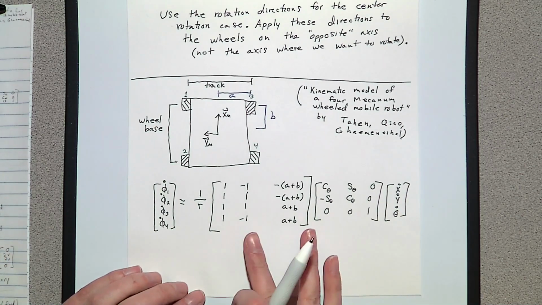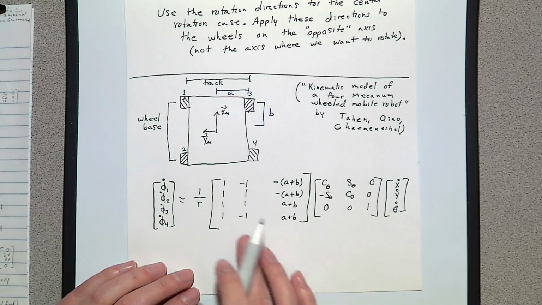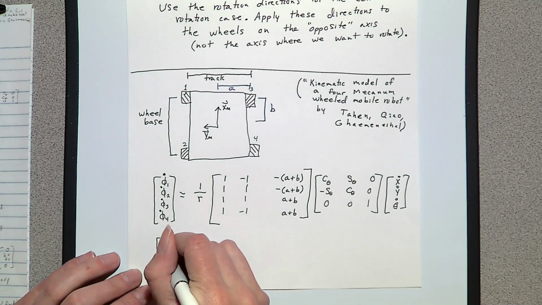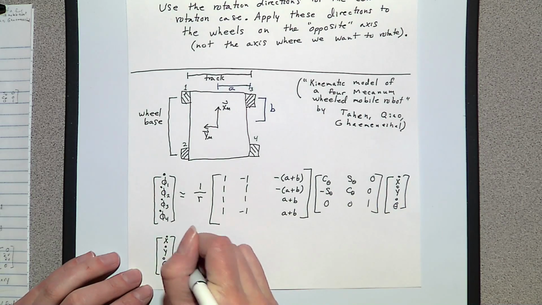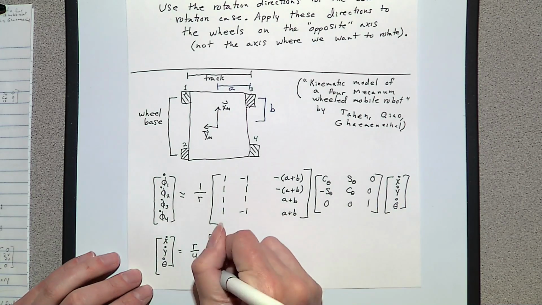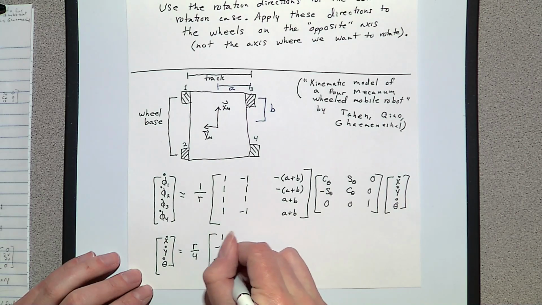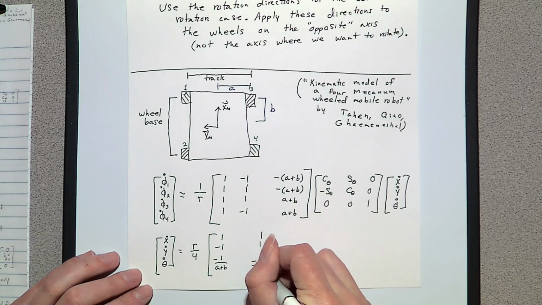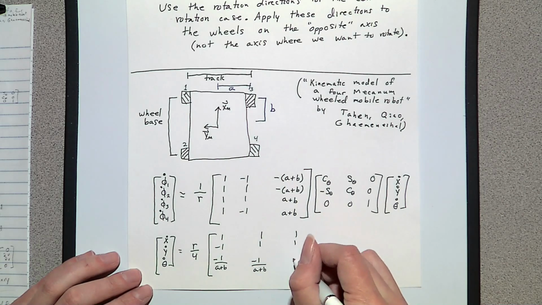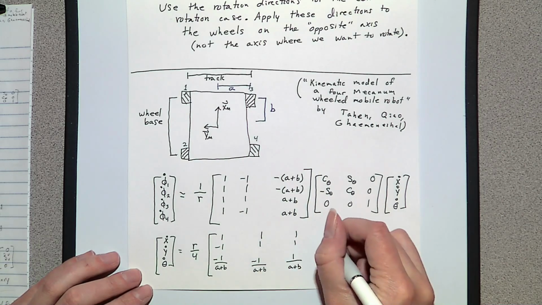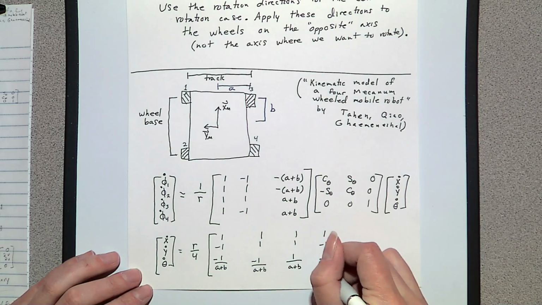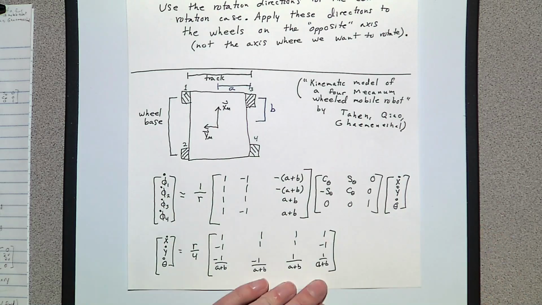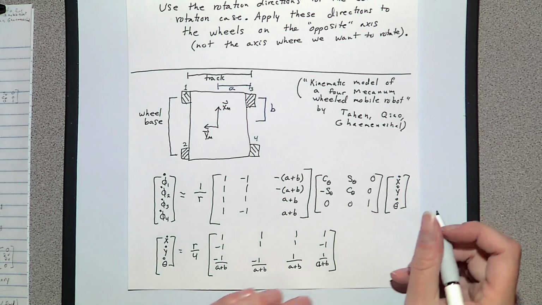And then you can invert this using a pseudo inverse, because this is a non-square matrix, to get x dot, y dot, theta dot equal to R over 4 times this matrix. Okay, that's not right.